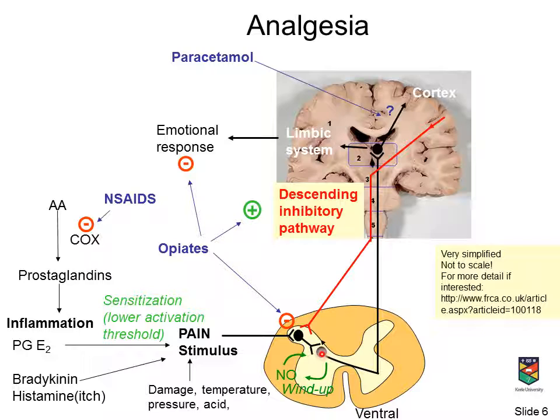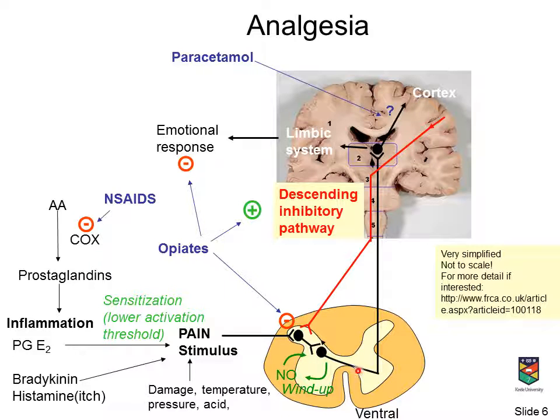So in other words, the nitric oxide can potentiate this postsynaptic neuron responding to the signal that's coming from the pain fiber. And that nitric oxide is then important in a process termed wind-up. And wind-up refers to the idea that if you repeatedly stimulate yourself in a painful way, that makes you more sensitive to painful stimuli. So in other words, there's a wind-up of the pain response.